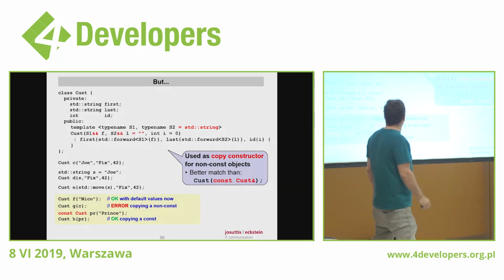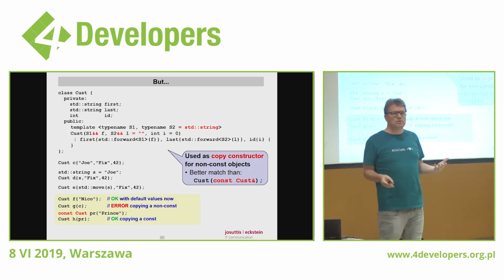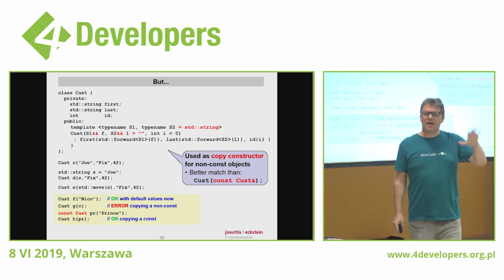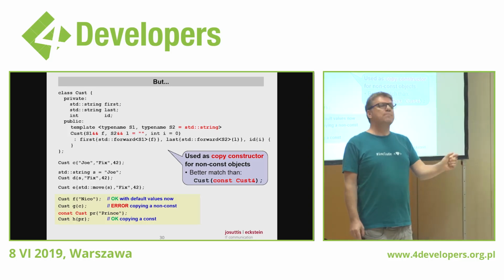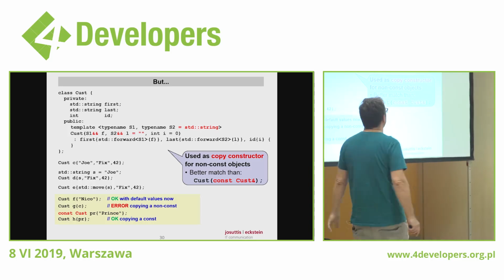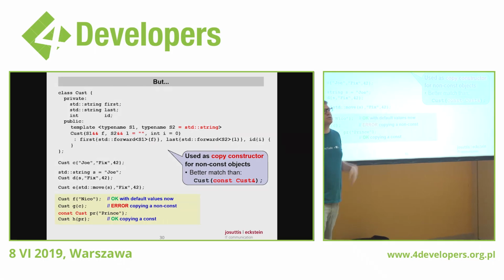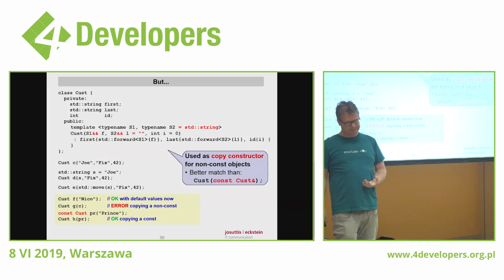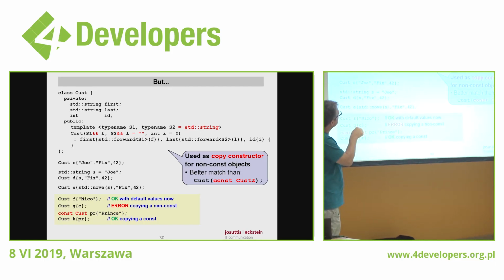But if we pass a non-const customer, we have a type conversion. We have to convert the passed customer to a const customer. That's a very simple type conversion, but it is a type conversion. And according to the rules of C++, a template argument that does not need a type conversion is a better match.